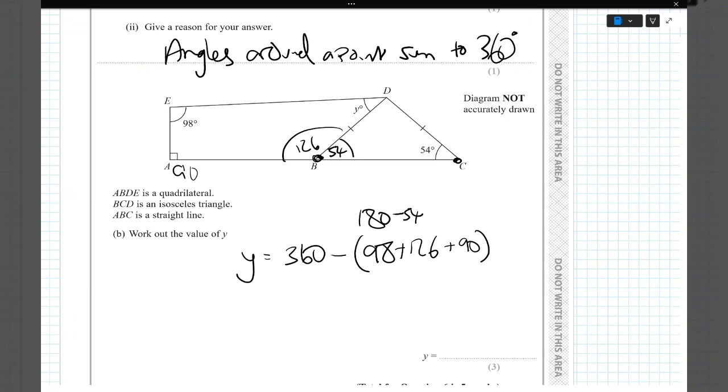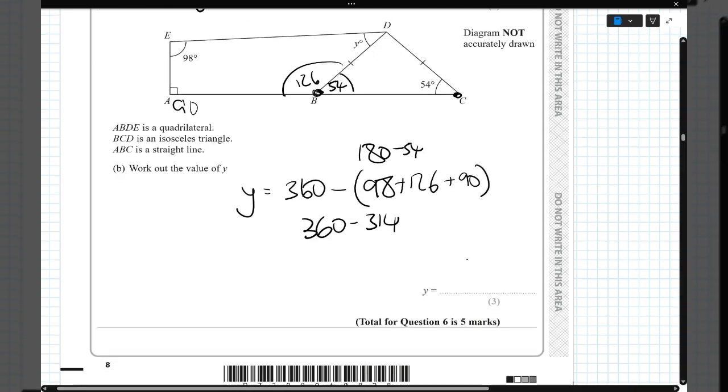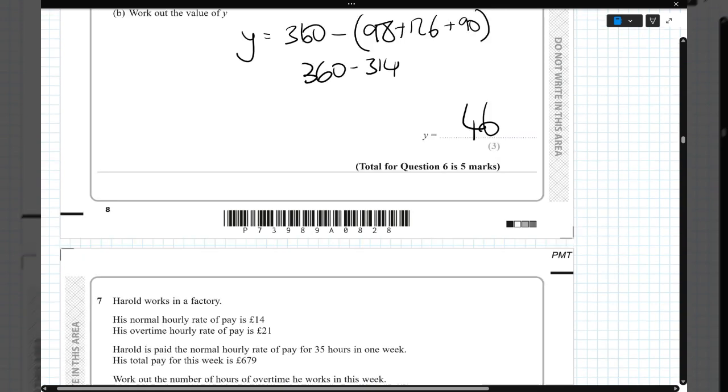So 98 plus 126 plus 90 gives us 314. So 360, take away 314 is 46. So y is 46.